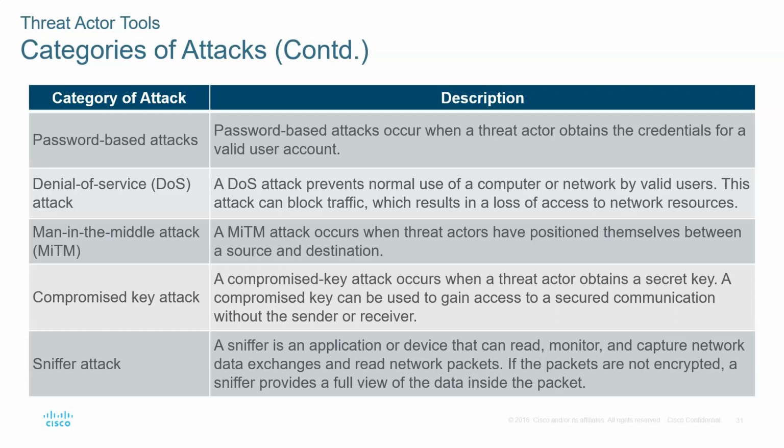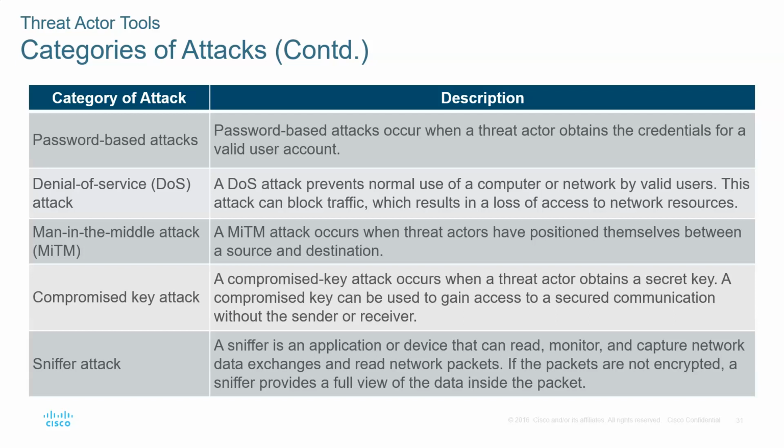Man in the middle attack is having a device or maybe software in between the sender and the destination, and being able to capture all that data. You wouldn't even know that there's a man in the middle. It could be a device between you and your access point, for example.